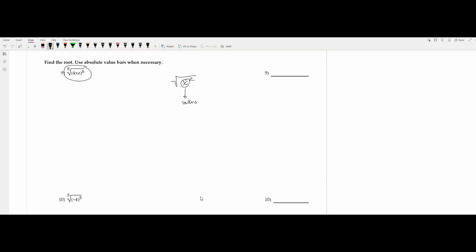And unknown means that it could either be positive or negative, because x is a variable, so it represents any value. It could be positive or negative.